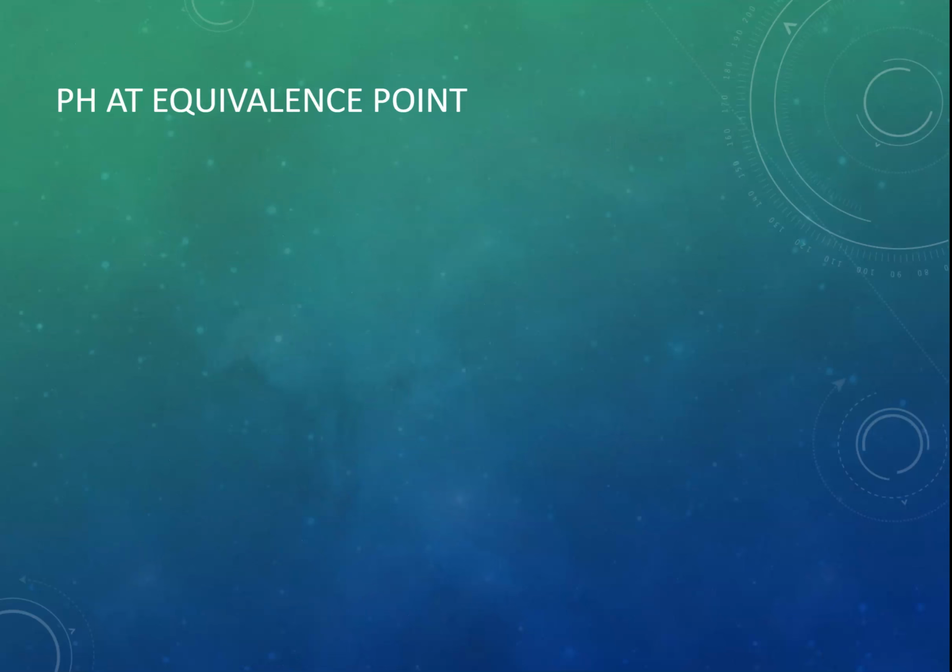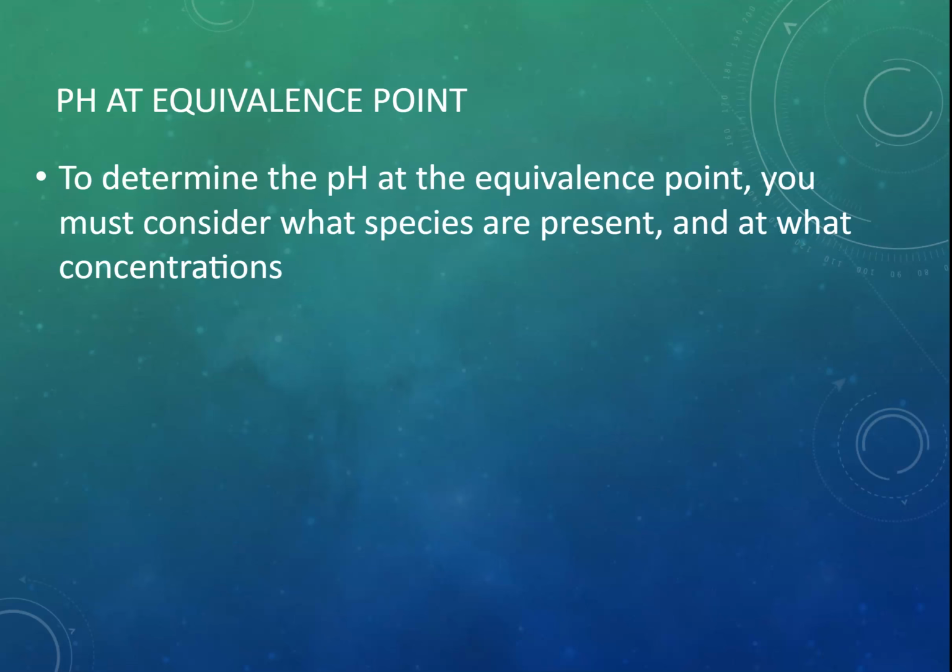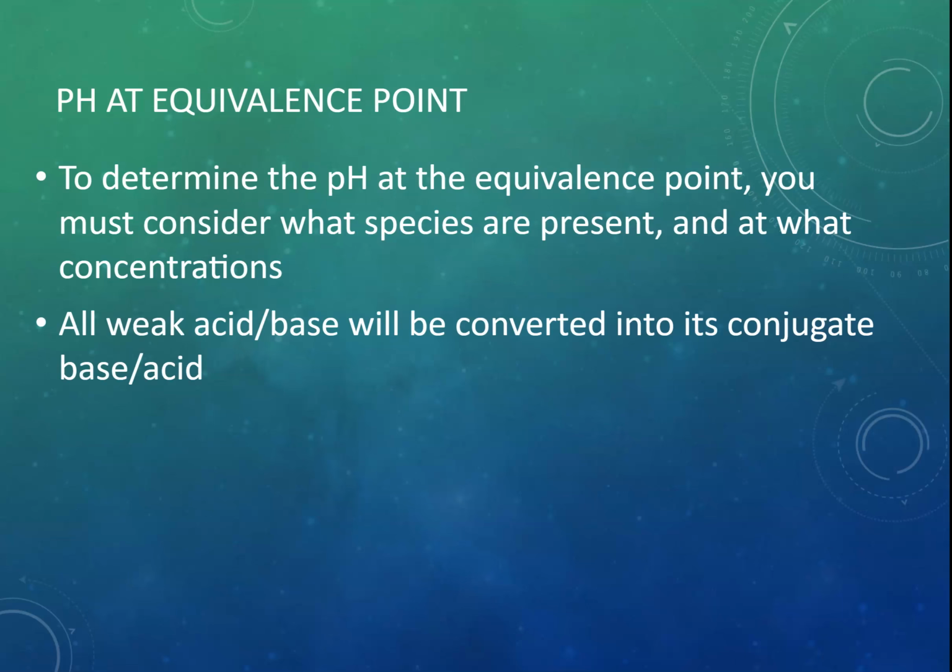At the equivalence point, it's quite similar, because what you have to do is think about what species are actually present in your solution and at what relevant concentrations. If you're starting off with a weak acid, that weak acid is all going to be converted into a conjugate base. If you're titrating with a weak base, for example, it's all going to be converted into the conjugate acid.